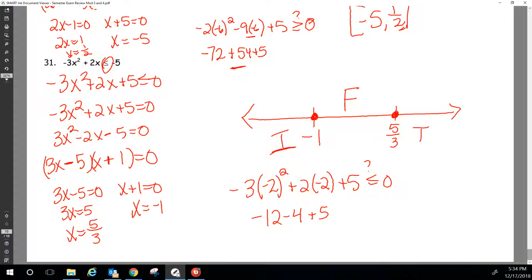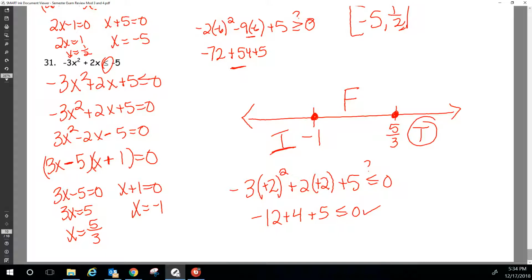And then if we plug in something bigger than 1 and 2/3, the next biggest one would be positive 2. Notice how this doesn't change, it's still negative 12, and then 2 times 2 is positive 4, but negative 12 is still bigger than 4 plus 5, which is 9. So this is still negative, and this piece is true.